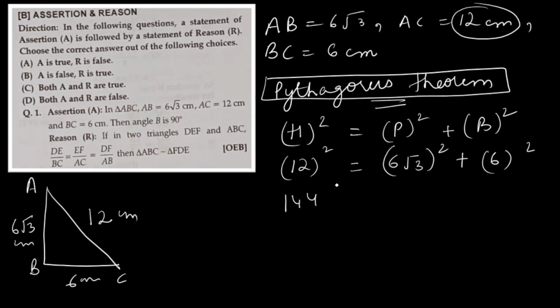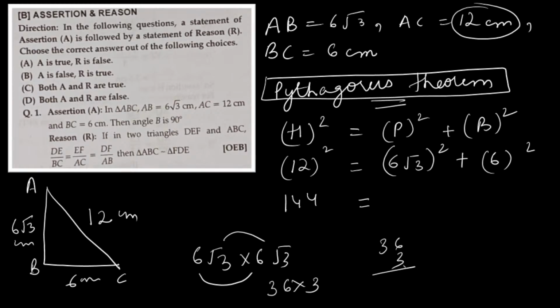If both are equal, that means it's a right angle triangle. 6 root 3 square means 6 root 3 into 6 root 3. 6 into 6 is 36, and root 3 into root 3 is 3. So 36 into 3 is 108.